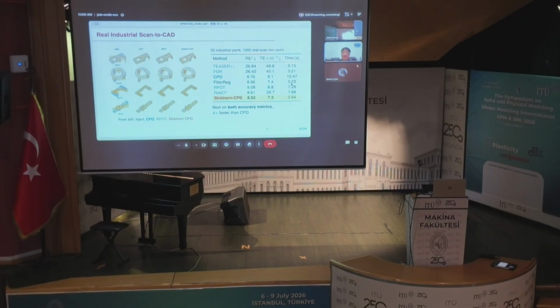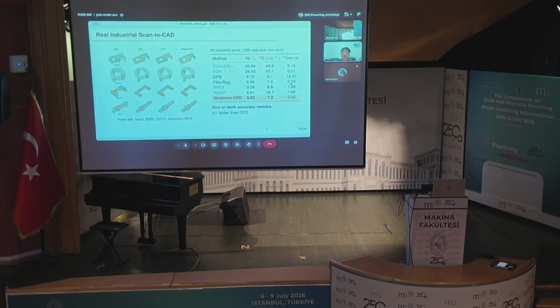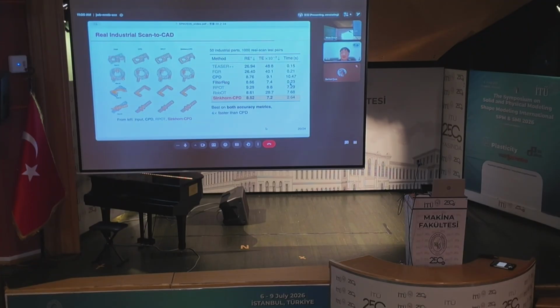Now here is where we test it in our real application. We cluster 40 industry parts and get the scans, and then we register them using our method, and test the other methods as well.